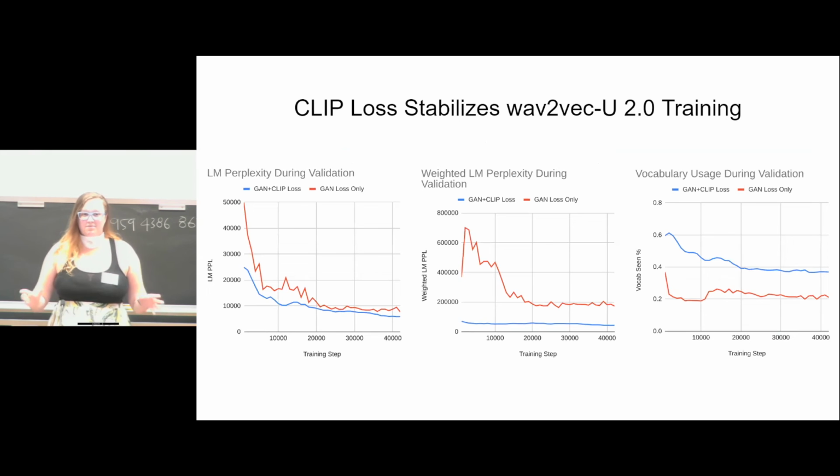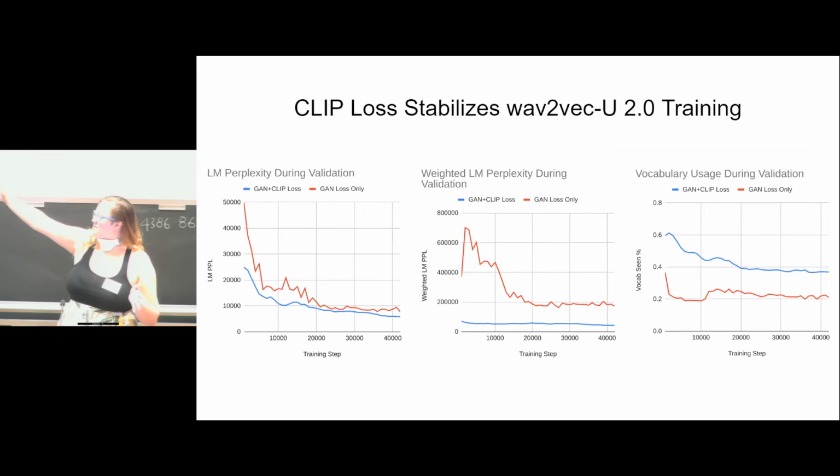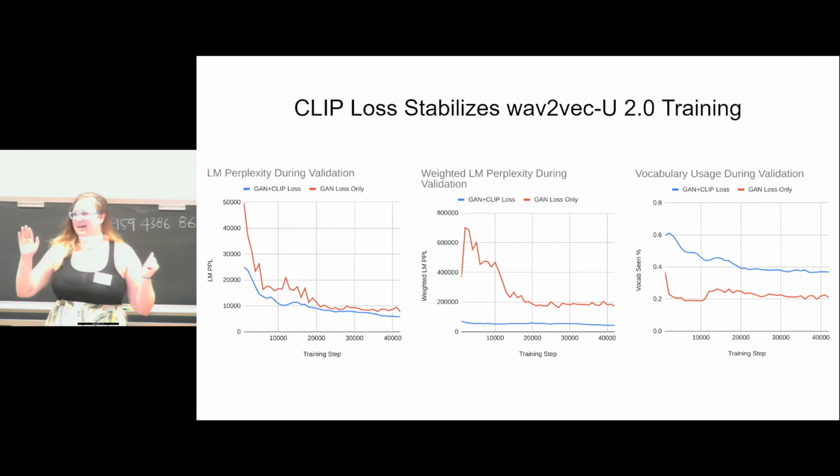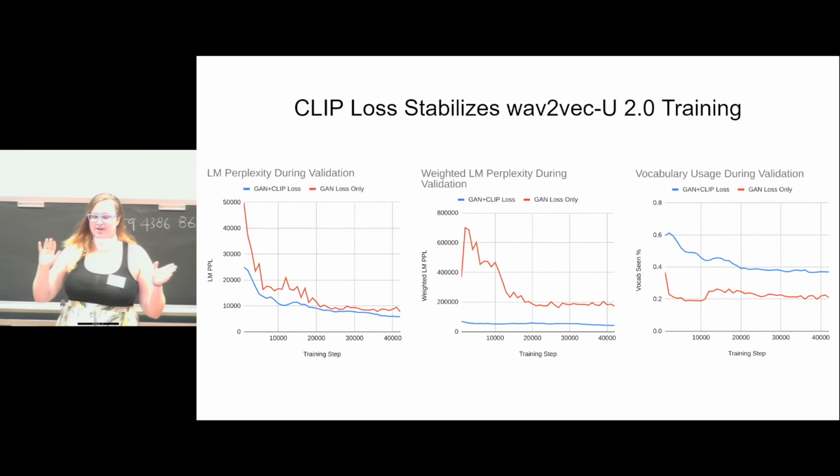Despite those problems, we're already seeing that the CLIP loss stabilizes the training of Wave2Vec-U 2.0. So in these diagrams, the red line is training a Wave2Vec-U 2.0 model with Librispeech LM training data tokenized as the non-parallel text and using the spoken COCO audio as our speech, right?